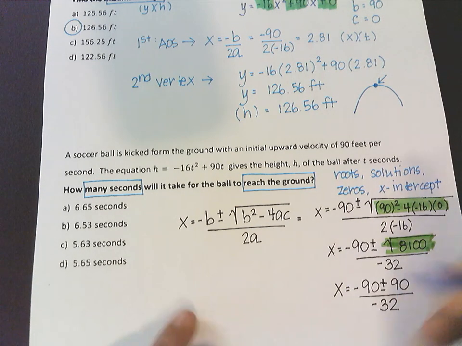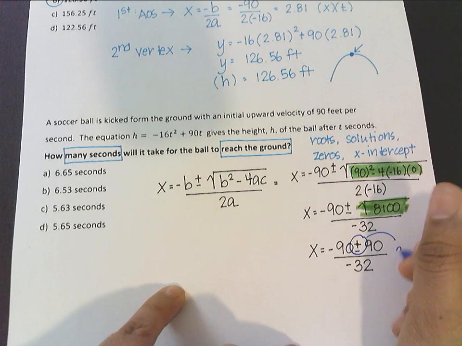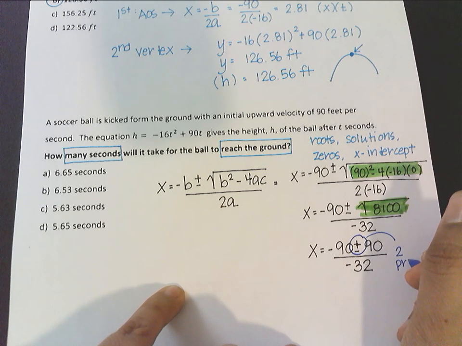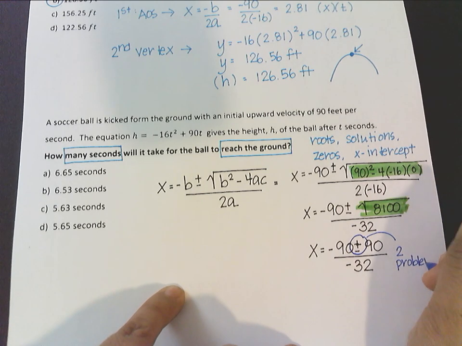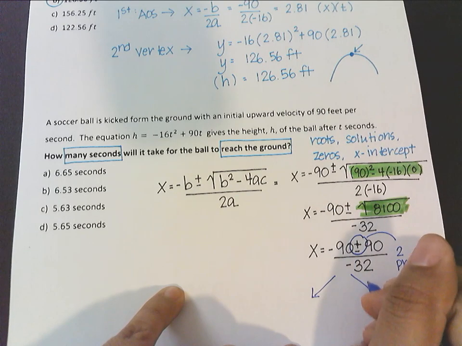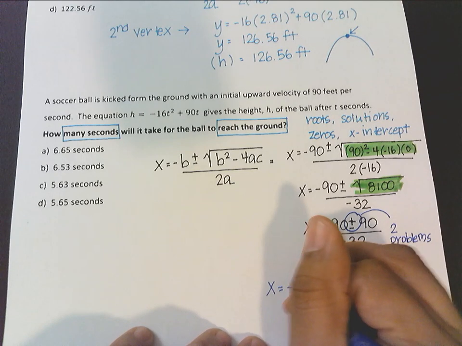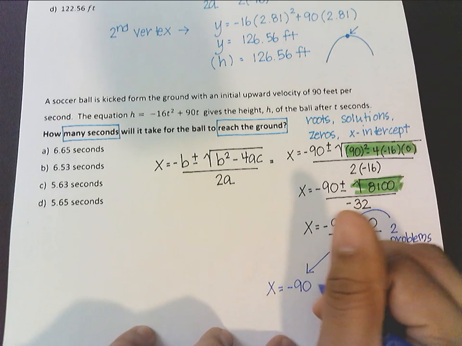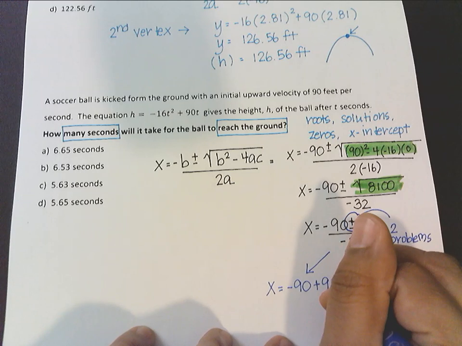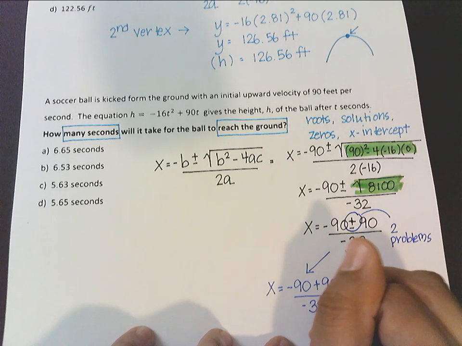And if you remember when you did the quadratic formula, that this is going to be two problems. And so I'm going to split it. The first one is x equals negative 90 plus 90 divided by negative 32.